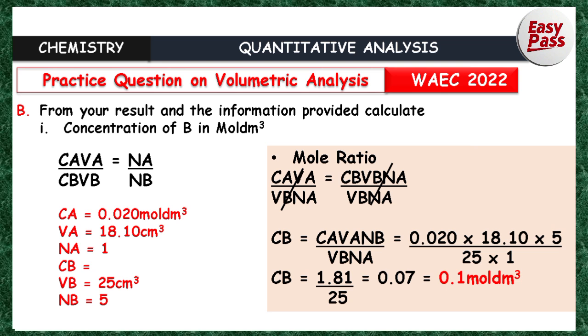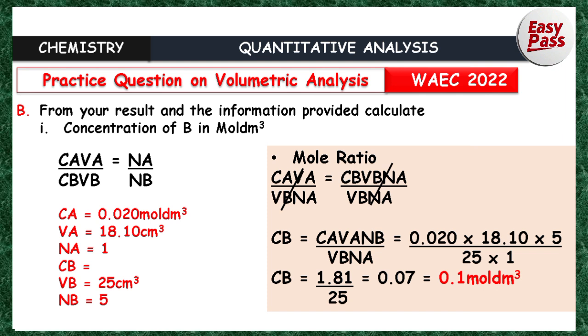So let's apply our values. Our CA here is 0.020 times VA, which is 80.10 times NB, which is 5, all over our VB is 25 times our NA 1.